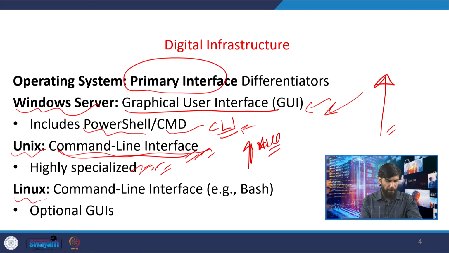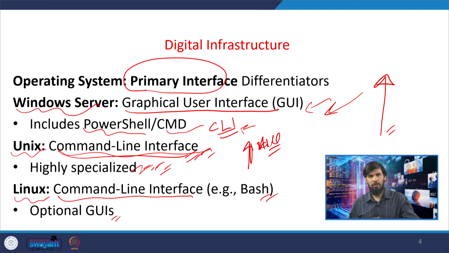Then if we talk about Linux, there is also a command line interface. Bash shell is provided, right, and there are optional GUIs also that you can install, from community driven projects and packages, right. So Linux, if we look at the primary interface, in a way sits in between Windows Server and Unix.